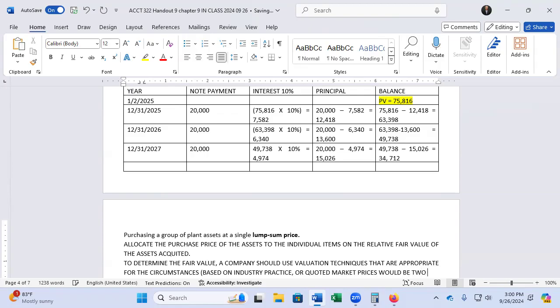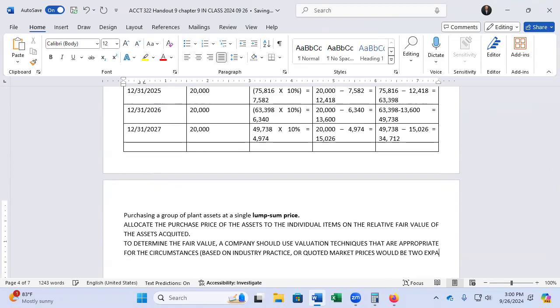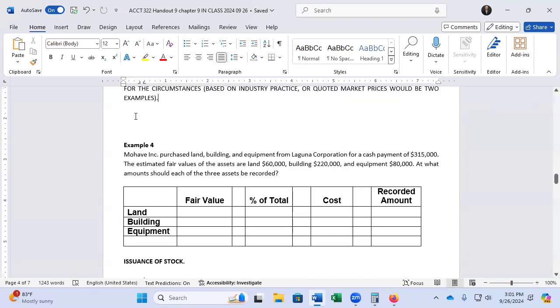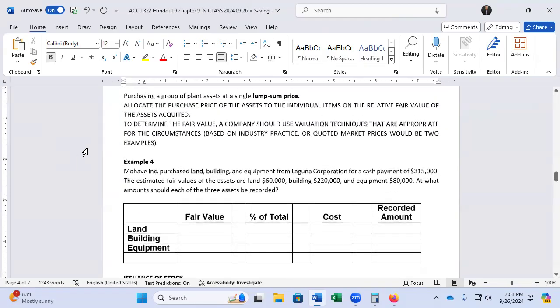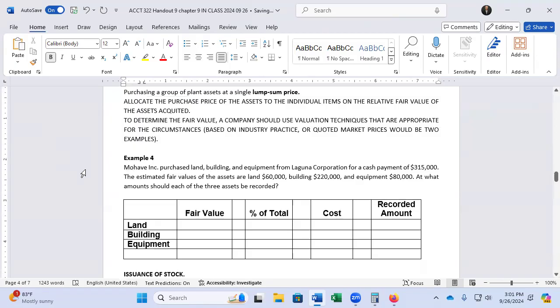Those would be two examples. I'll leave that there so you can still see it, write what you needed.